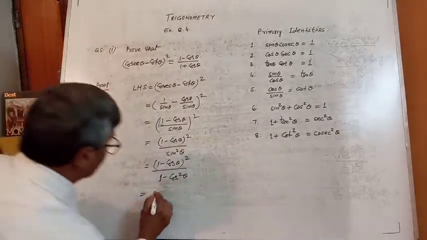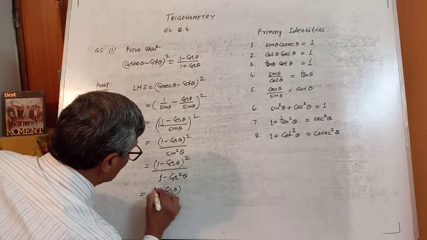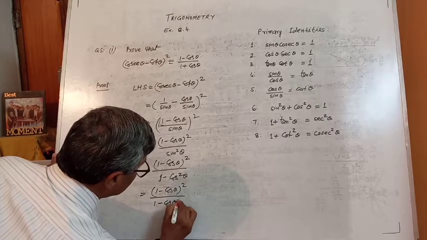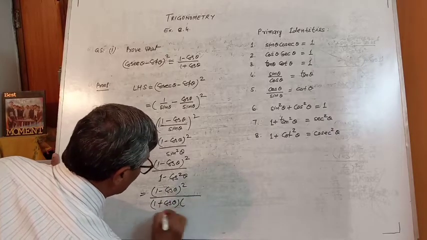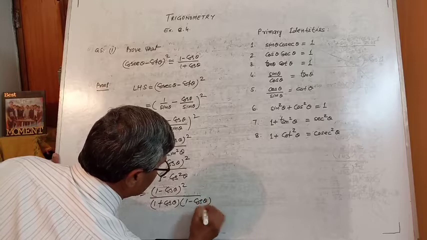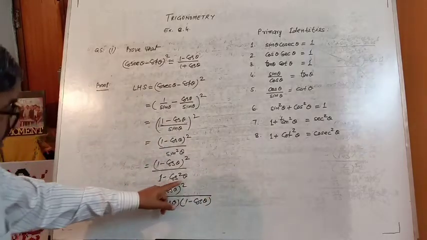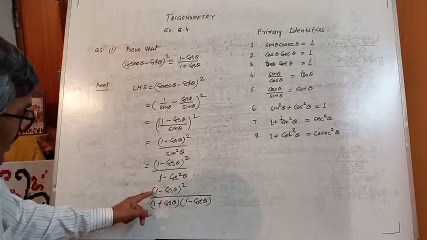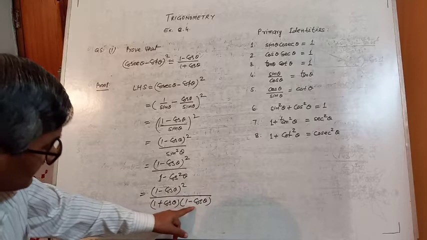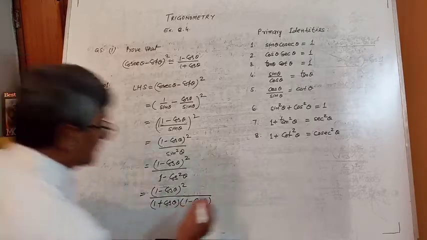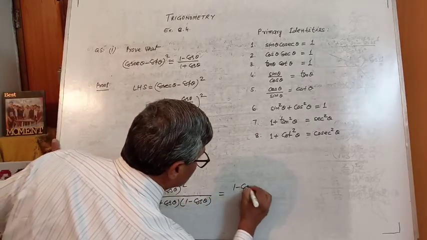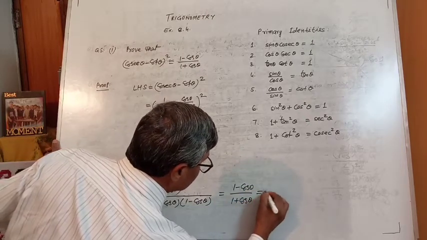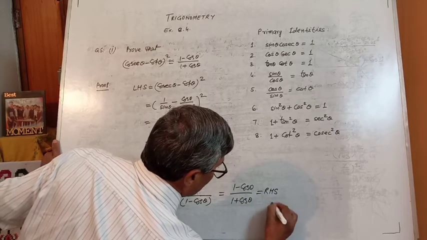Now factorize: (1 minus cos theta) whole square divided by (1 minus cos theta) and (1 plus cos theta). This is a square minus b square, a plus b times a minus b. One bracket of 1 minus cos theta cancels with 1 minus cos theta. So we get (1 minus cos theta) divided by (1 plus cos theta), and this is RHS. Proved.